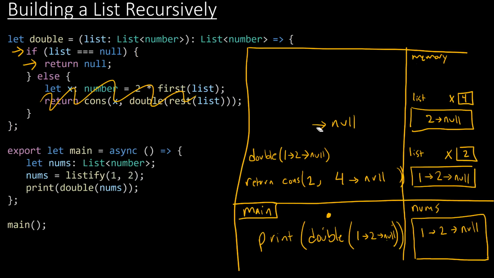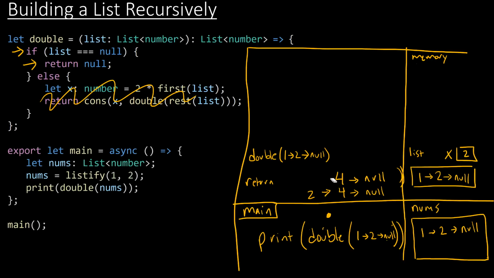And we're almost all the way back to our main function. We only have a little bit more work to do. So we know that cons is going to take the first argument and add it onto the front of the rest of this list, so of the second argument. So this will be the list 2, 4, null. And so that's what cons 2 onto the front of the list of 4 will give us back.